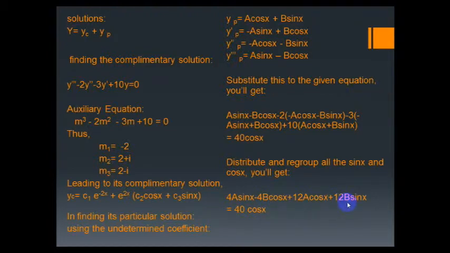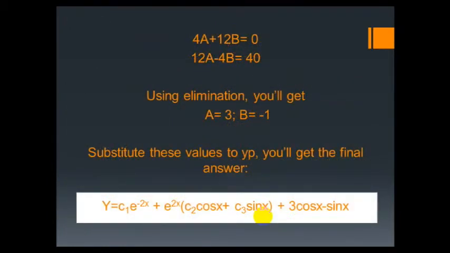In here, we can get a system of equations, which is 4A + 12B = 0 and 12A - 4B = 40. Using elimination, we can obtain the values of A and B, which are 3 and -1 respectively.